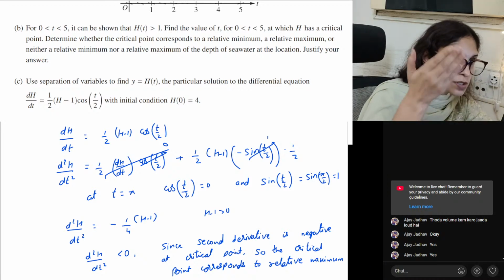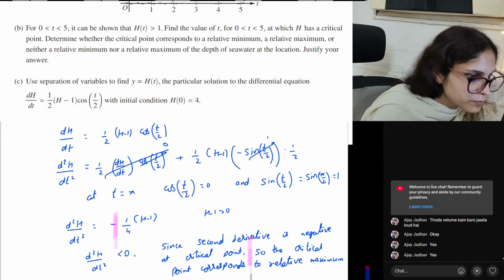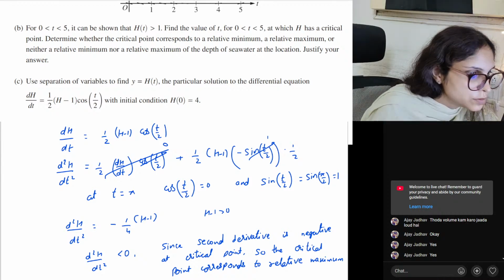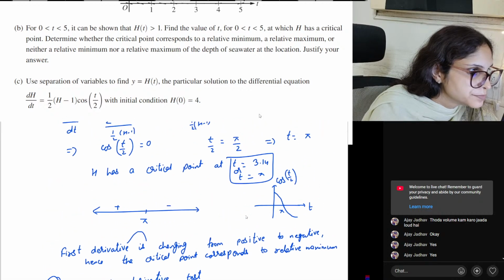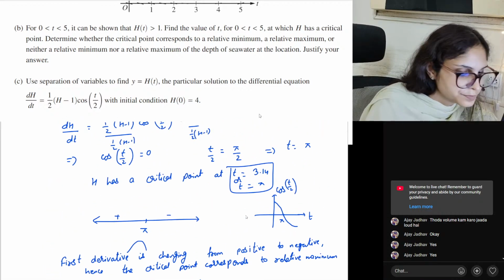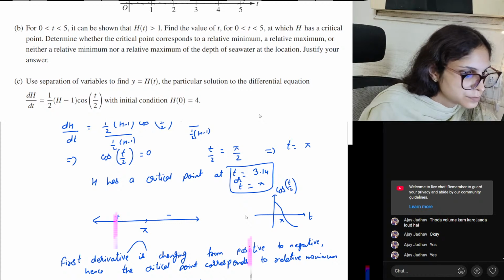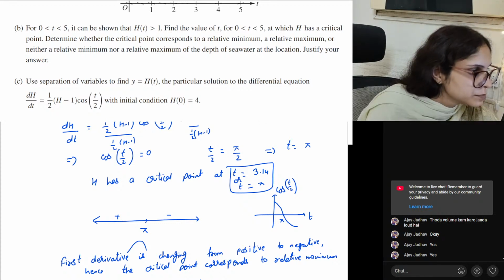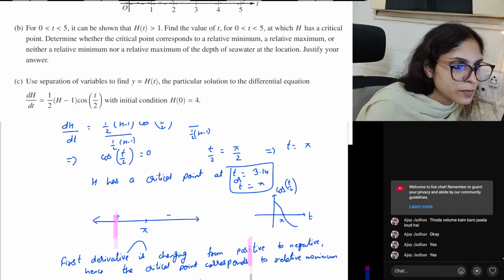And if both the signs were the same, then there will be no relative maximum or minimum. So that also, if you see, we have done over here. Got it?